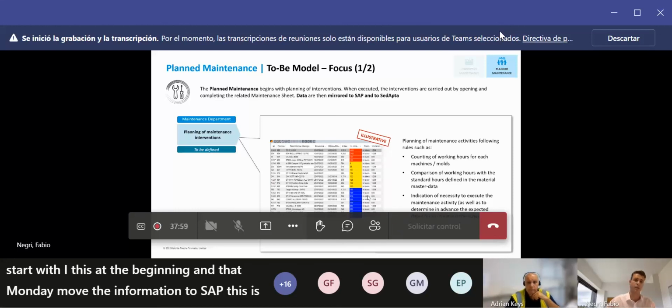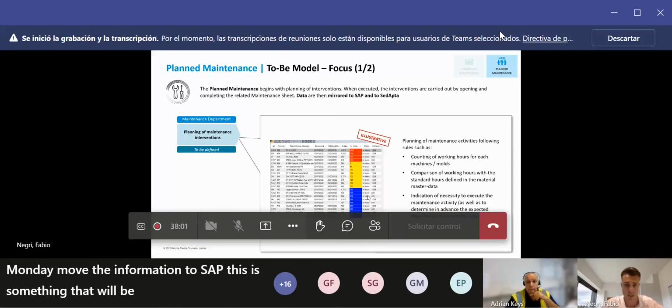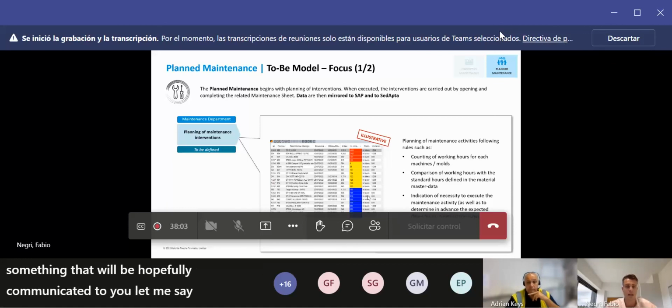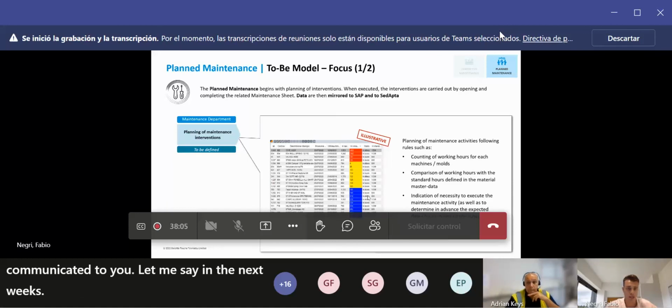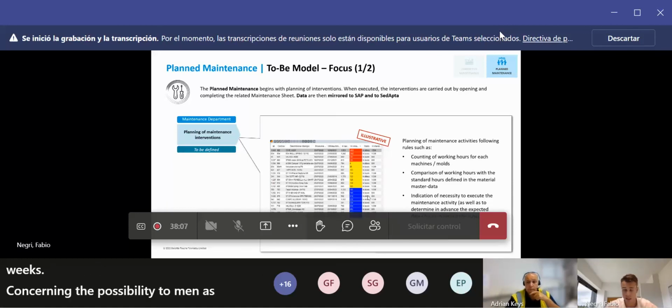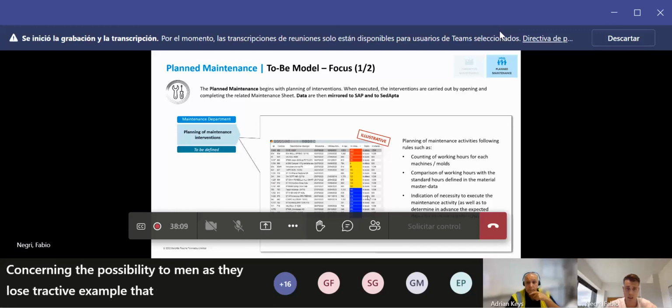This is something that will hopefully be communicated to you in the next weeks. Concerning the possibility to manage the illustrative example that I showed you with the table, I think that, if I correctly understood, it is accepted by the different countries.